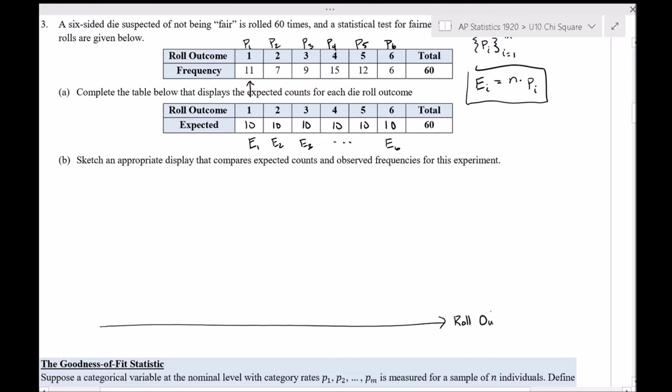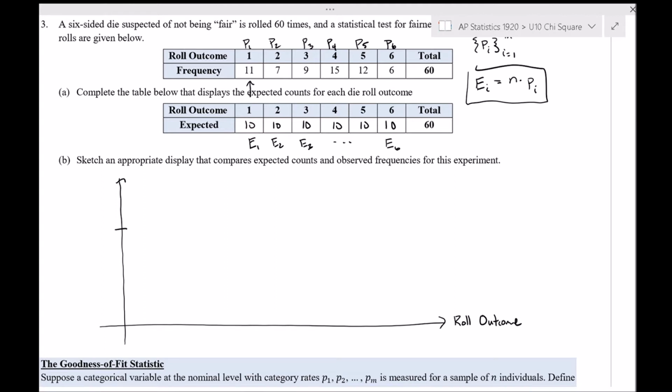These are categorical. We're going to have a y-axis which will measure frequency, expected counts versus the observed frequencies.